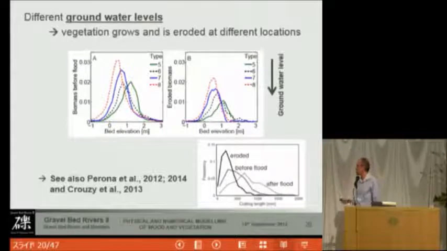Sorry, vice versa. You decrease going from 5 to 8. You see that vegetation grows closer to the channel because vegetation needs water to grow. But then when the flood is coming, more vegetation is also eroded. And this can have an impact, for example, on wood production. So I'm slowly starting to link wood and vegetation. Of course, eroded vegetation is what then becomes wood transported by the flow.